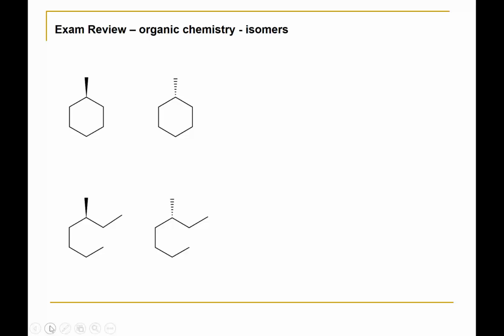Well, then potentially they could be enantiomers. But then, for our purposes, in order to have non-superposable mirror images, we need to have a chiral center. If you look carefully at either of these two structures, neither of them have a chiral center. And so, in fact, these two structures represent one single molecule.